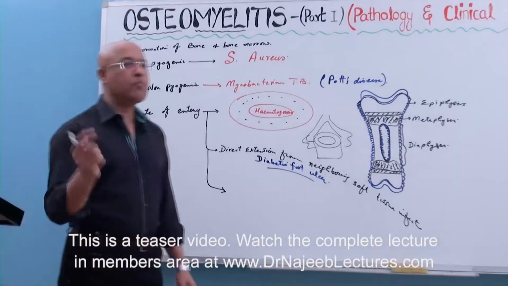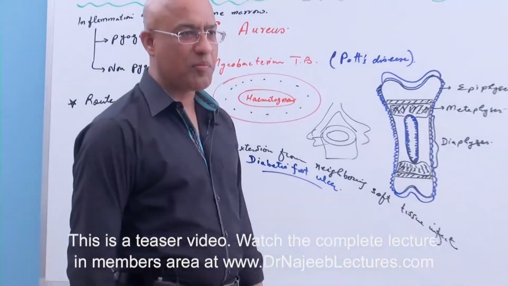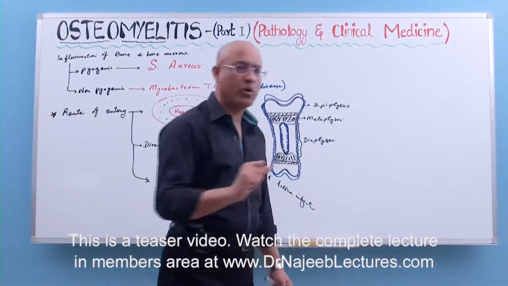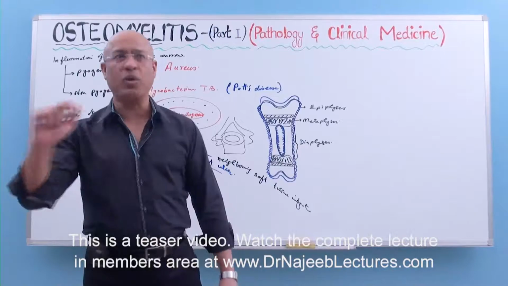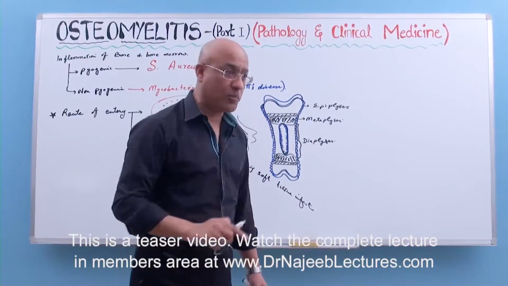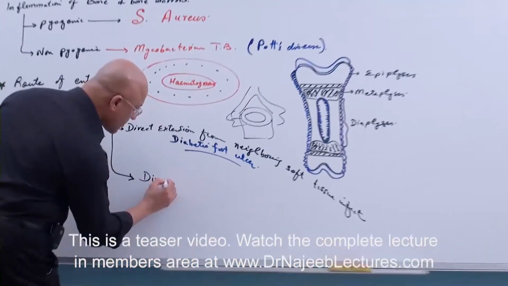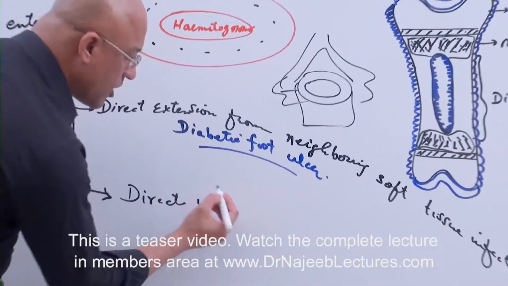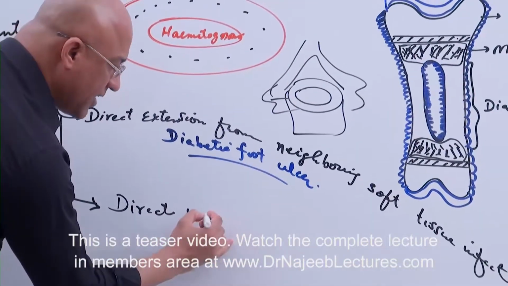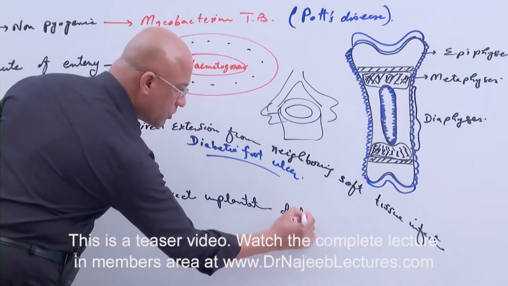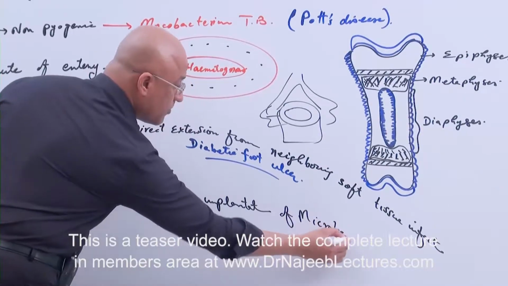Then, third more. Bacteria are directly planted into bone. Microbes are somehow directly inoculated into the bone, direct implantation of microbes into bone.